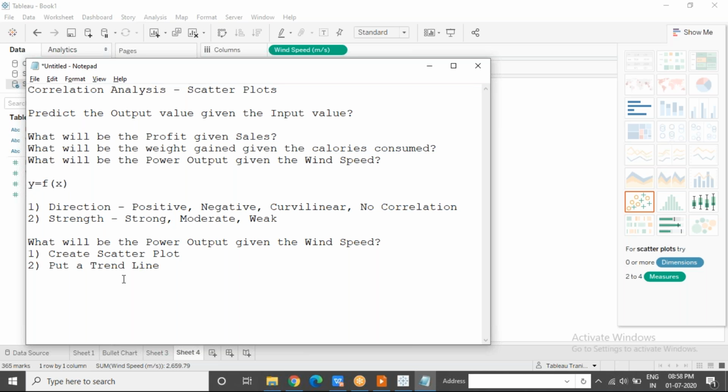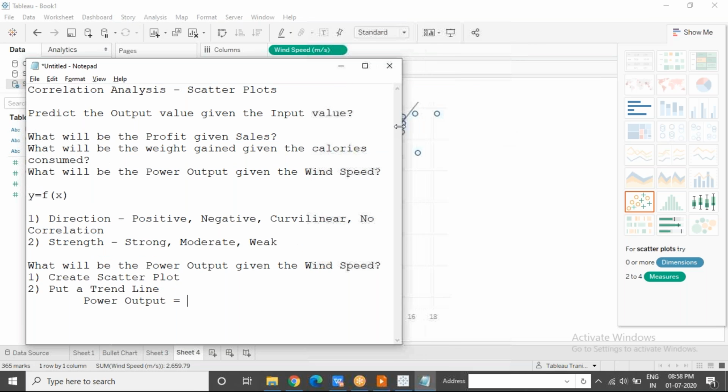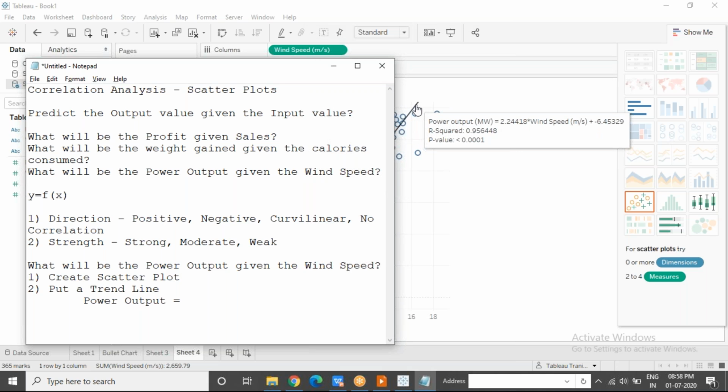So the trend line is telling us that the power output, that is y in megawatts, is equal to 2.24418 multiplied by the wind speed in meters per second plus some value, minus 6.45, let us say. Okay, so what is this?